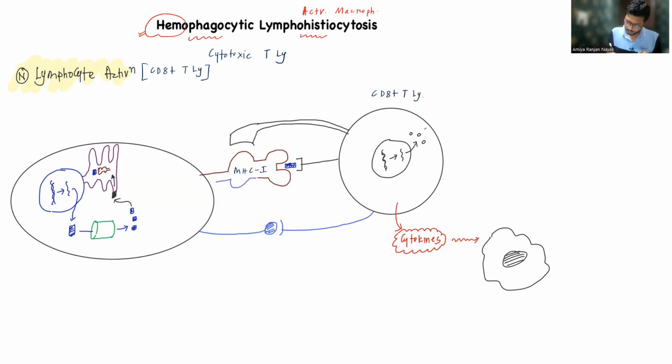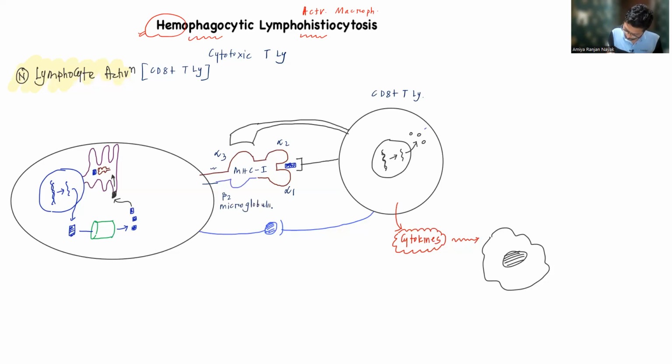If you see the structure of the MHC class 1 molecule, it has two chains. One chain is larger, as you can see here. This larger alpha chain has three subunits: alpha 1, alpha 2, and alpha 3. It also has a smaller subunit, which is known as the beta 2 microglobulin.